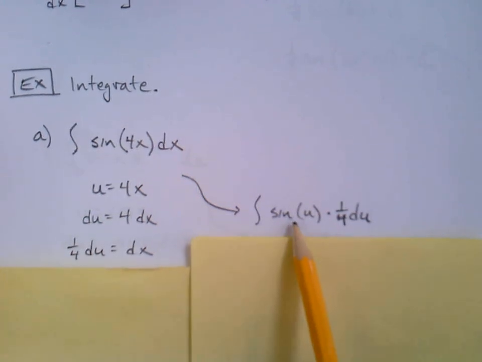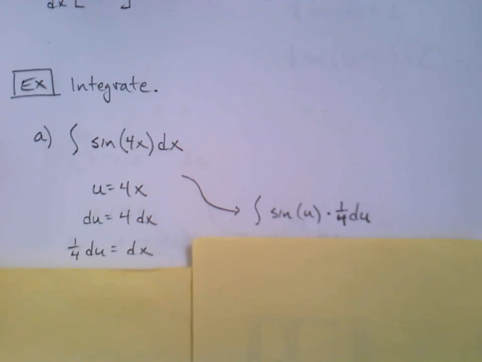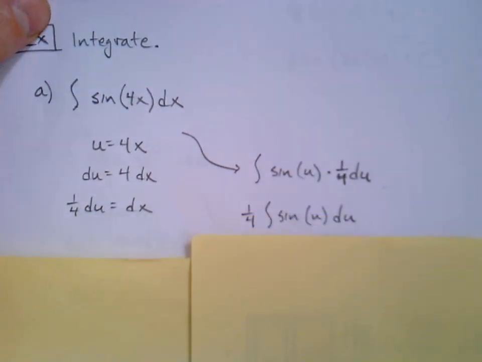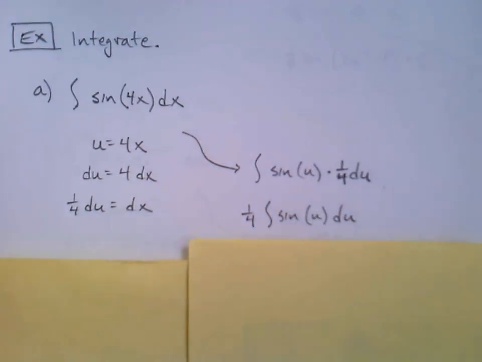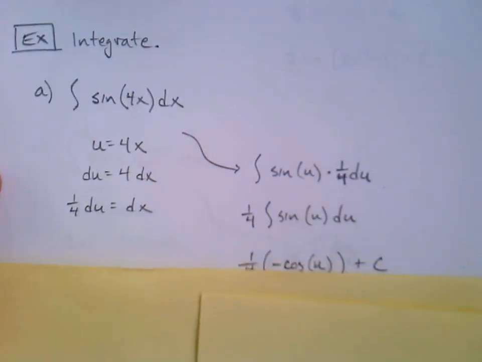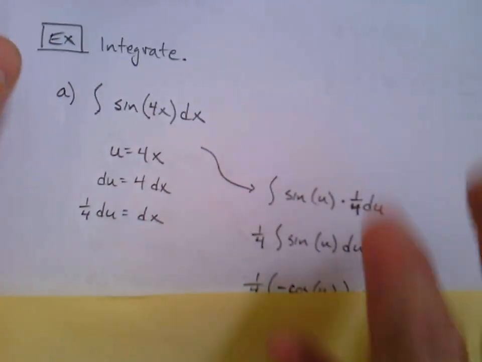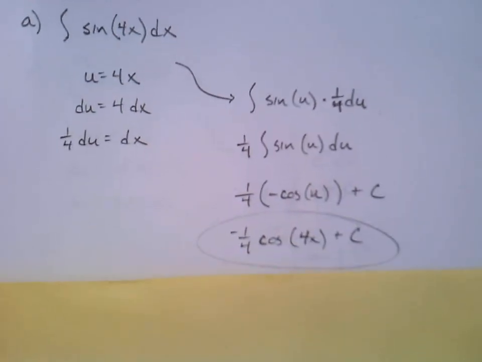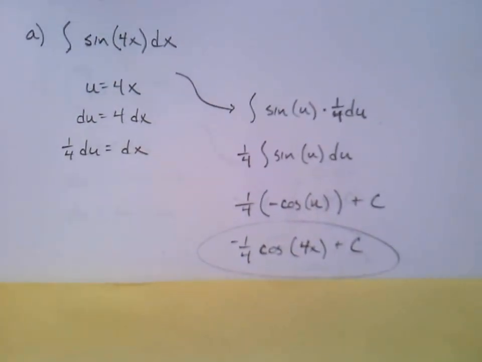We've got the sine of u, and the dx turned into 1/4 du. We can move the 1/4 to the outside, and then finally take the antiderivative of the sine to be negative cosine of u. And finally put your u back in for the final answer, negative 1/4 cosine 4x plus c.